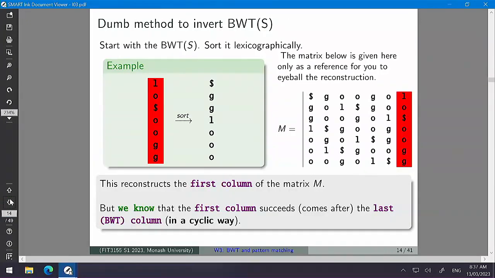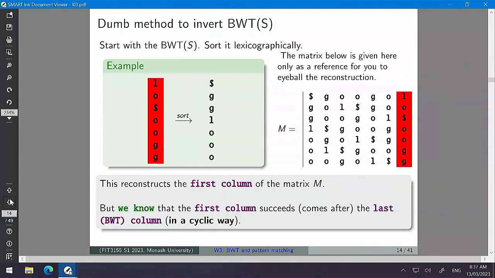Now, let's start with an easy method. When I say dumb, it's not meant to be a pejorative here, but the basic level, maybe naive is the better word, a naive method of inverting the Burrows-Wheeler transform. So we are talking about not constructing, but inverting a Burrows-Wheeler transform.